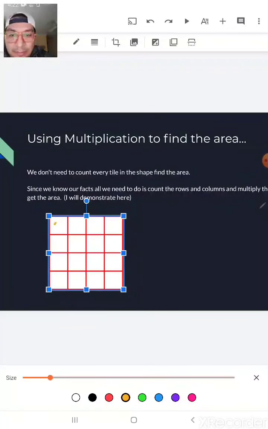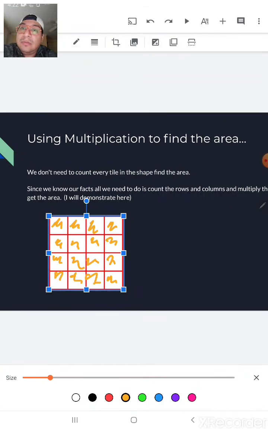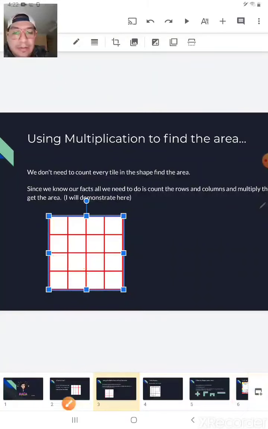Here we go: 1, 2, 3, 4, 5, 6, 7, 8, 9, 10, 11, 12, 13, 14, 15, 16. So our area is 16.